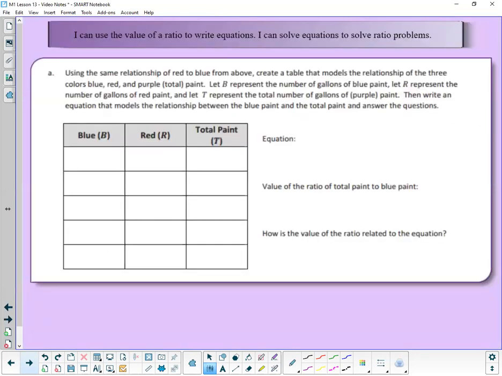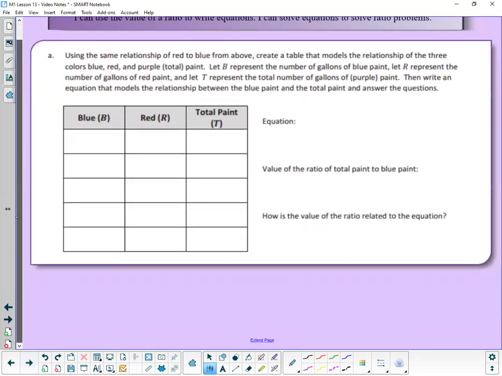So let's try this. Now, it says using the same relationship of red to blue from above, create a table that models the relationship of the 3 colors, blue, red, and purple. Okay, so now what they've done is they put in total paint, T. This is also the purple.